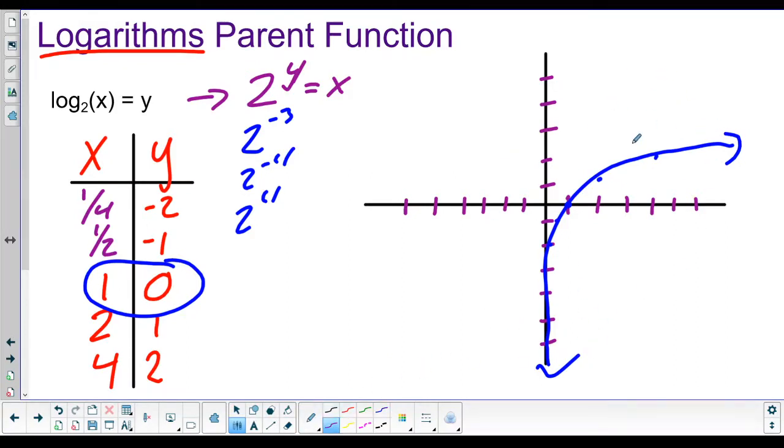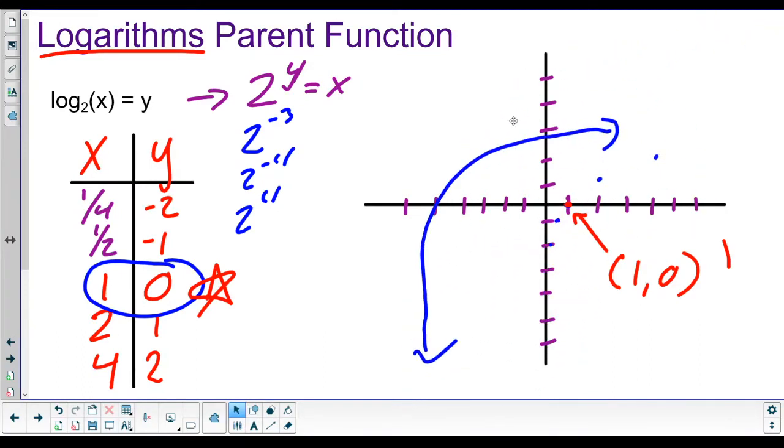So let me point out some of the key features of this graph that you want to know about, and then we'll look at some other stuff. The first one is this point right here, that point right there. This point should happen on pretty much every logarithm, and we'll see how it moves around a little bit once we get to transformations, but this 1, 0 point is common to most logarithms, as long as you don't slide it around like this.